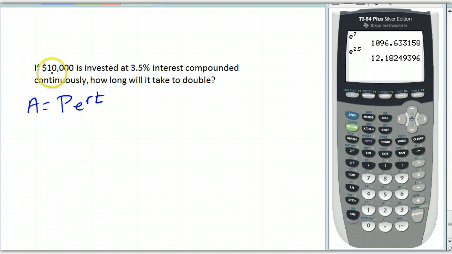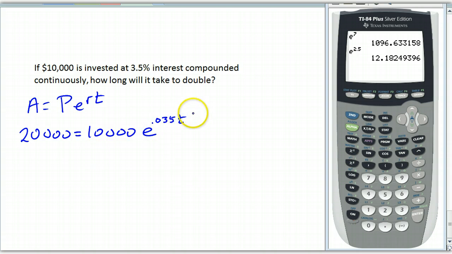And if we want to double it, then that means if I'm starting with 10,000, I want to end up with 20,000. Our interest is 3.5 in decimal form, that's 0.035, and we want to know how long. So the thing we're looking for is in the exponent, so we're going to need to use logarithms.